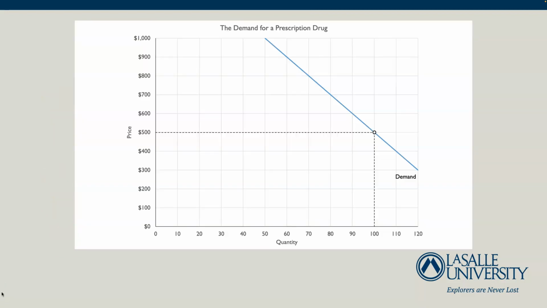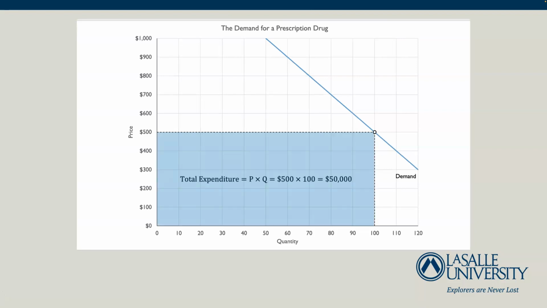Suppose we have the following downward sloping demand for a prescription drug. Suppose that the price per unit is $500, and then at that price, the quantity demanded, say per day, is 100 units. In that case, we'll have total expenditure of P times Q, or $50,000.